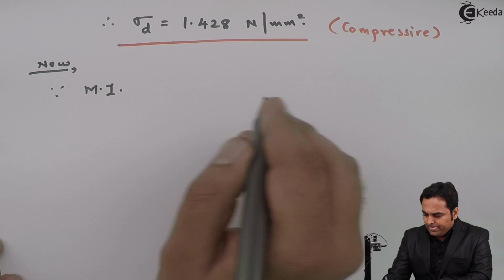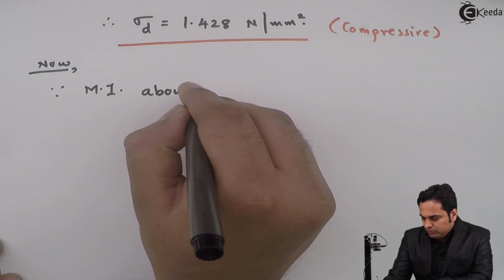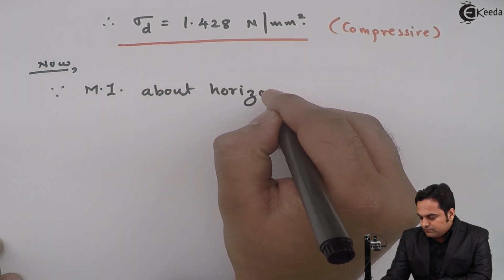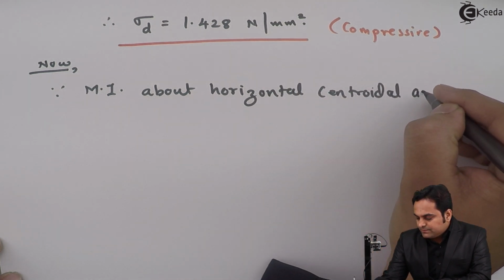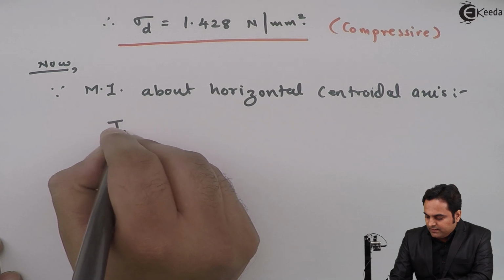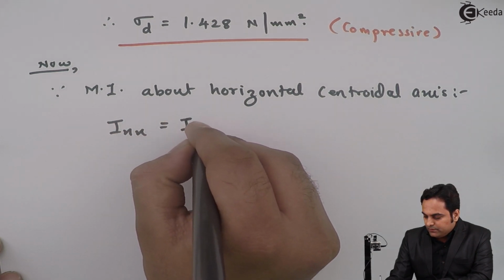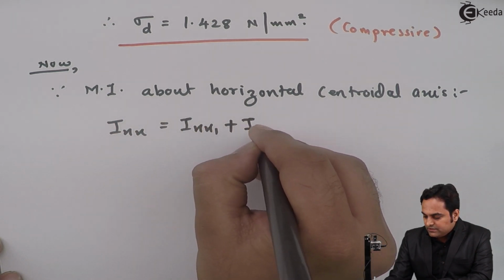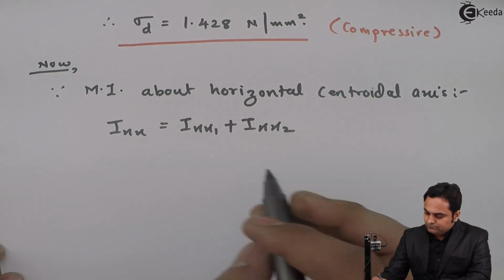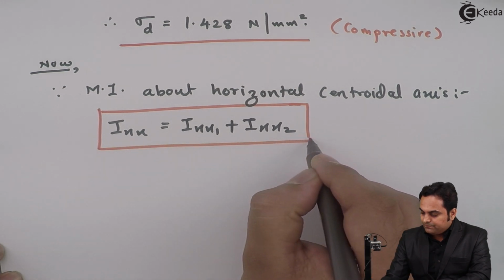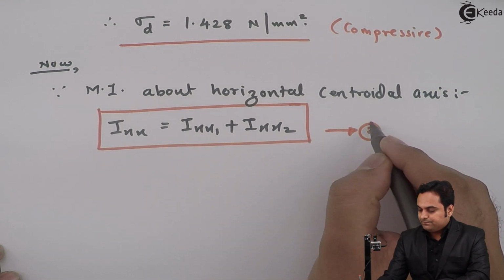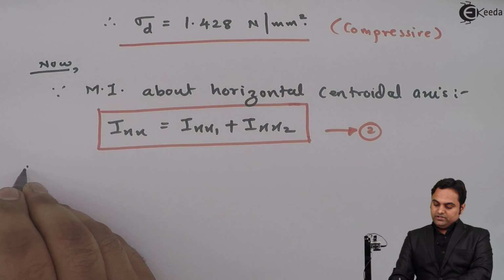Since MI about the horizontal centroidal axis is given by Ixx is equal to Ixx1 plus Ixx2, keeping this as equation second.